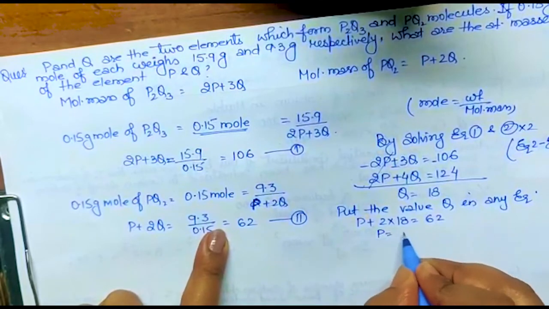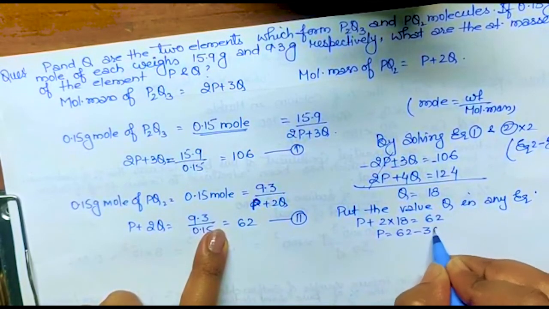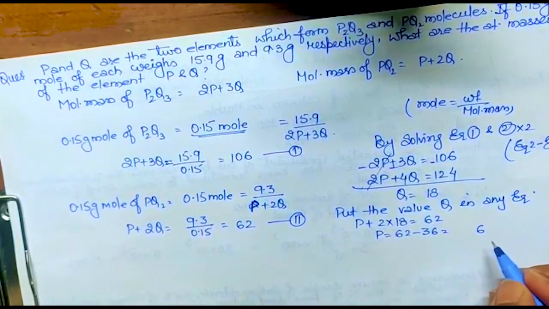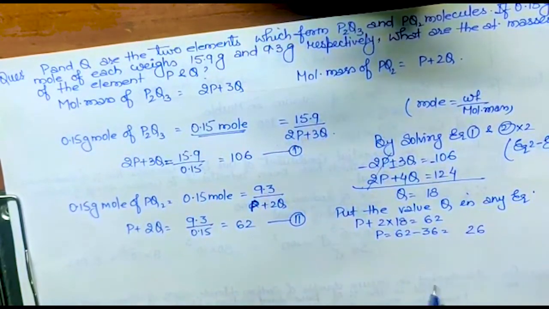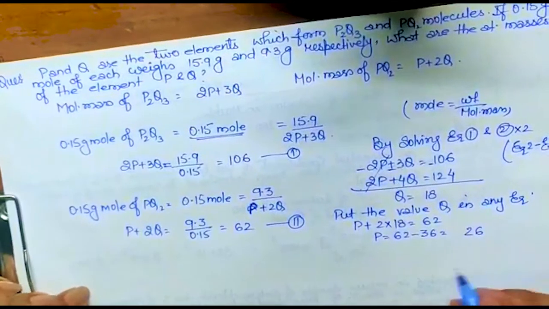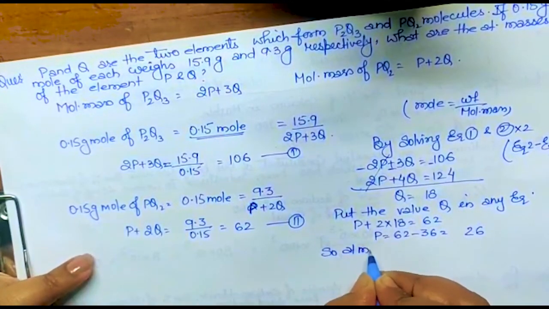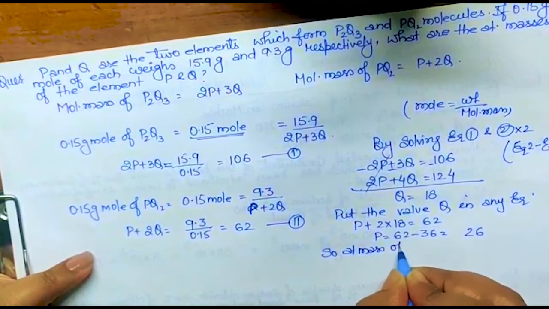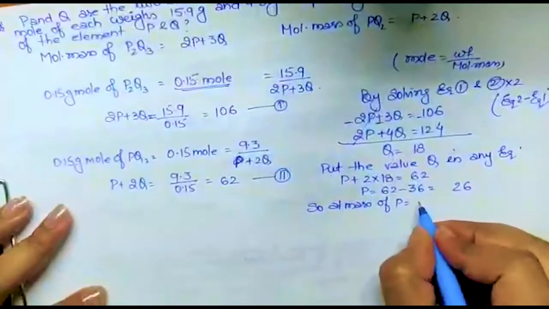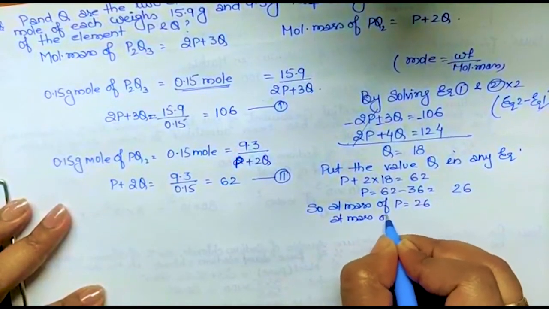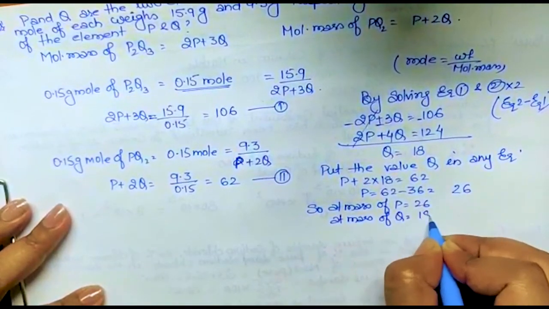So P is equal to 62 minus 36. It will be 26, isn't it? So the atomic mass of P we got is 26, and the atomic mass of Q is equal to 18.